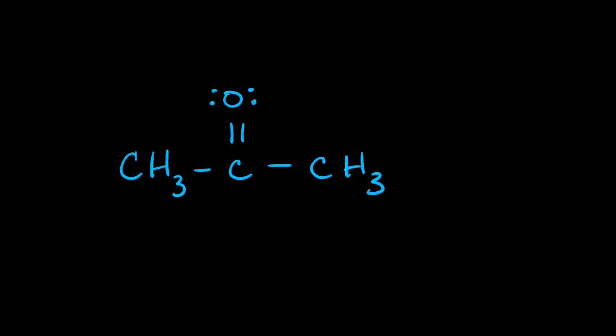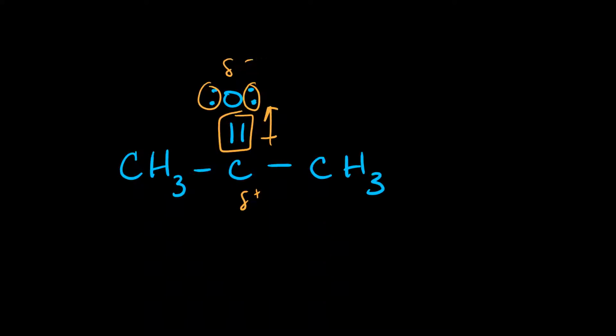Let's do the same type of analysis here. I'm noticing that I have an oxygen, again, with lone pairs. I have a dipole in this direction, so I have, once again, delta plus, delta minus, and I have pi electrons.